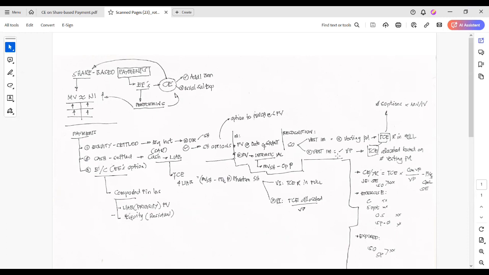Meaning the total compensation expense here should be allocated based on the vesting period. Okay, if the vesting period then is 3 years, then that should be allocated over that number of 3 years.